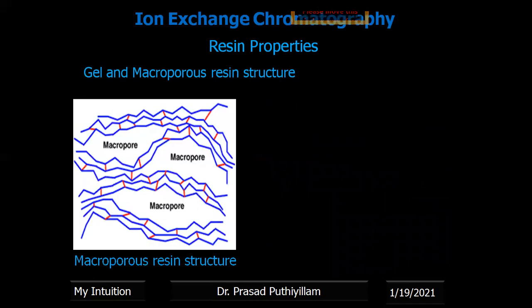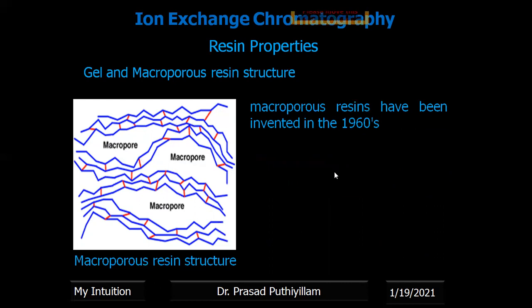Whereas the macroporous resin structure has macropores, bigger than the normal gel pores, so bigger sized voids are created. These were invented in the 1960s, creating artificial porosity in a tridimensional matrix.